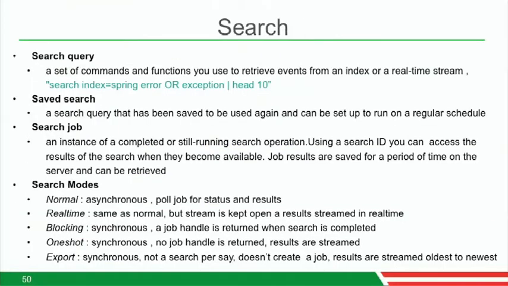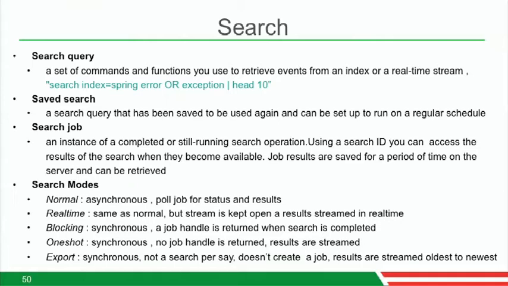Searching is, aside from getting data into Splunk, probably the main thing you're going to do. When you download and use Splunk out of the box and you're using the Splunk web-based UI, you're basically just typing your search commands into a text field and clicking go. So under the hood, you're not really aware of the various types of searching you can perform.